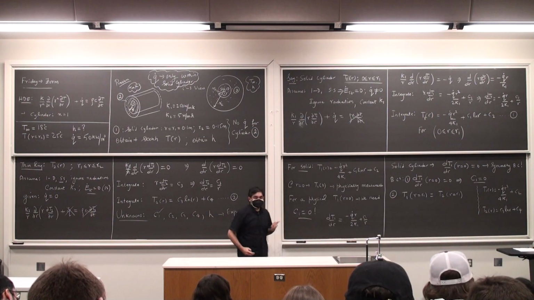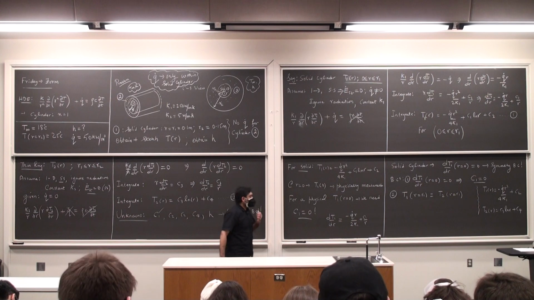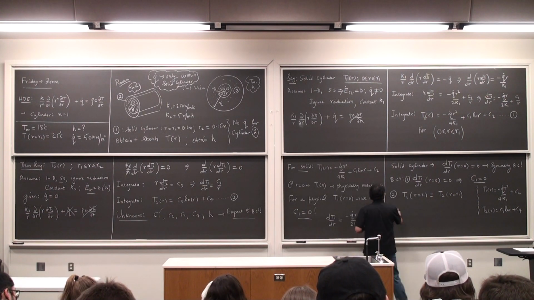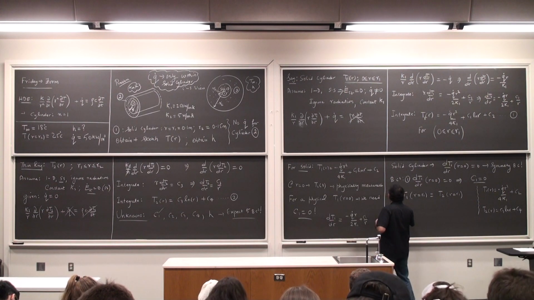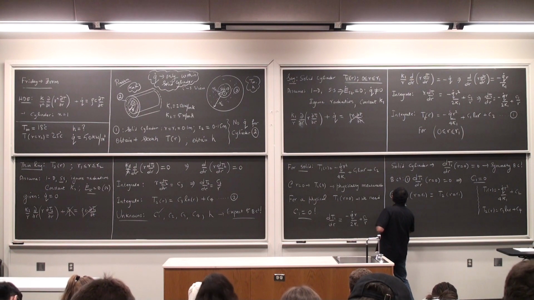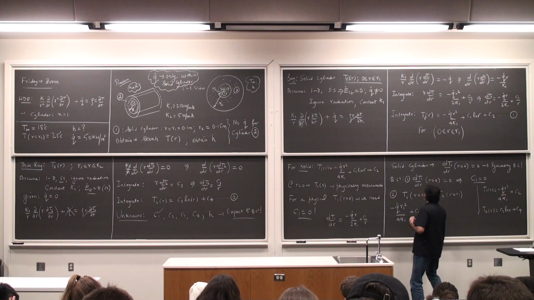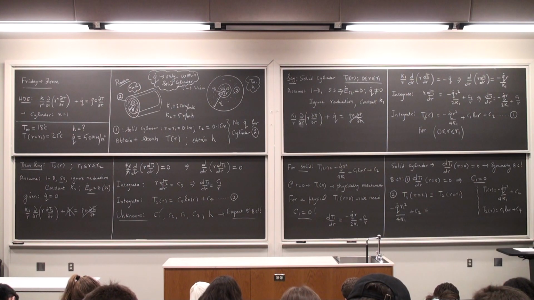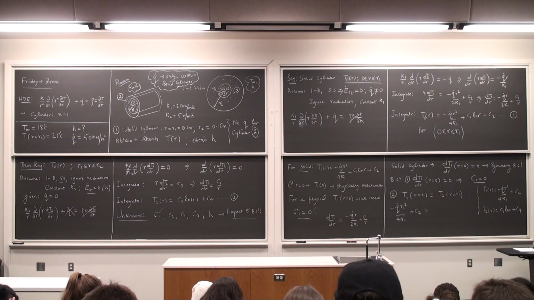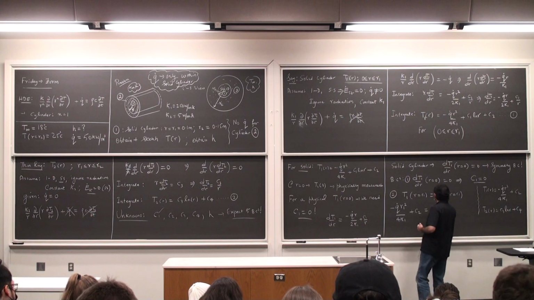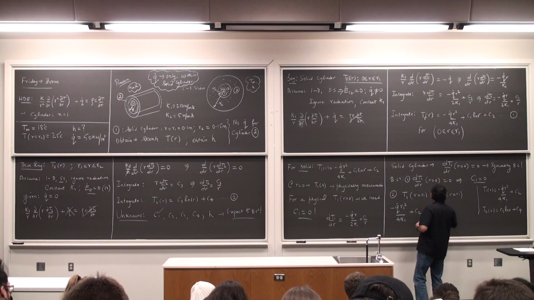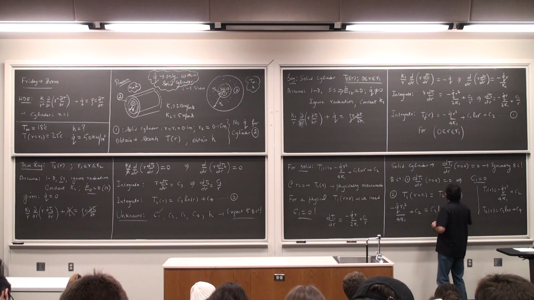Perform this substitution. Okay? So T1 at R is equal to R1 is minus Q dot R1 square by 4K1 plus C2. So we've done the substitution. This is equal to C3 ln R1 plus C4.